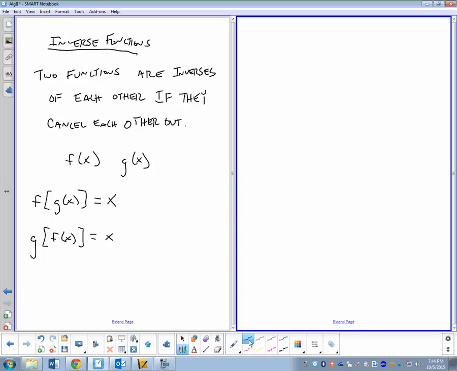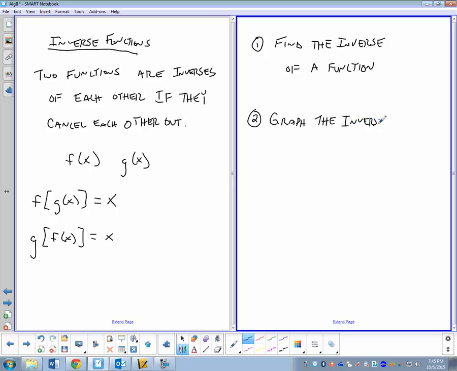Now, there are three things that you need to be able to do when talking about inverse functions. The first is find the inverse of a function. The second, graph the inverse of a function.